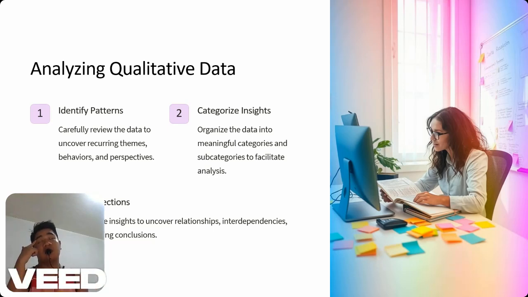Again and again, we need to identify patterns. Based on the interview, you create themes. You look for the themes that were formed from the interview. Of course, you will see and form behaviors and perspectives.